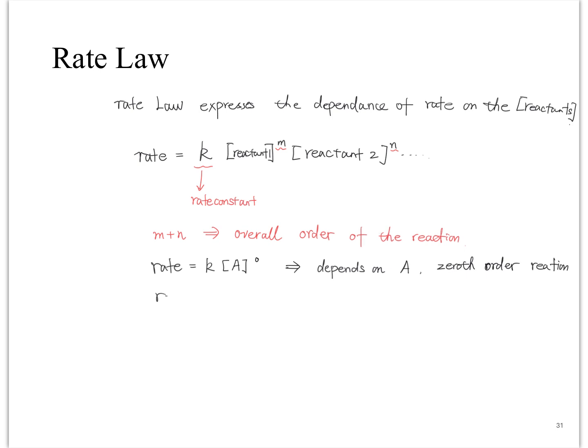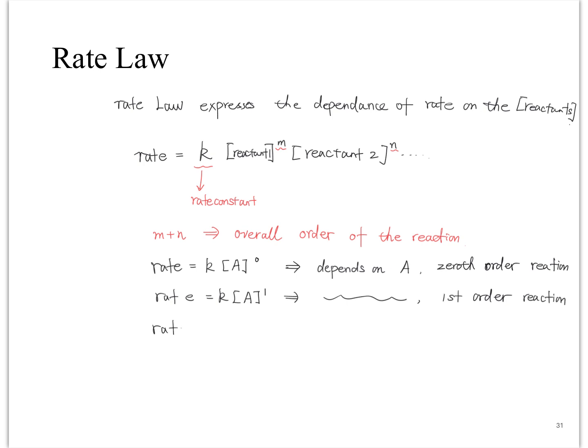If I say rate equals k times A to the power of 1, that again only depends on the reactant A, and this is a first order reaction because the power is 1.